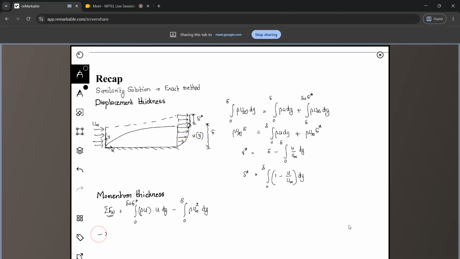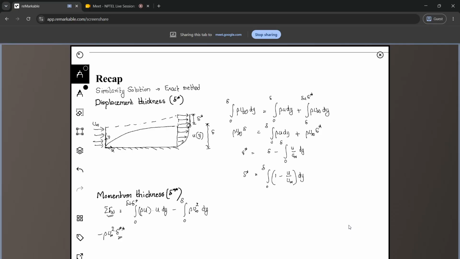So that will be minus rho u infinity squared times delta double star. This delta double star is what we call momentum thickness, which will be useful for us this week. In the lecture videos, the professor has used the notation theta, but I'm changing the notation because we will use theta for temperature. Just to avoid confusion, I'm using delta double star for momentum thickness. We'll write it here: the displacement thickness is delta star and the momentum thickness is delta double star.